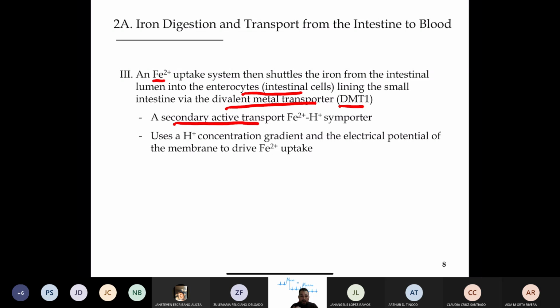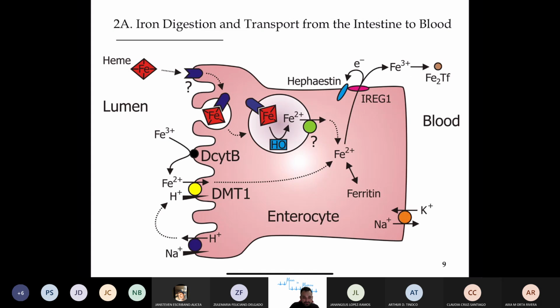And how it's facilitating this is through this symporter moving iron 2, but also facilitated by the movement of protons. All right, so we have protons that are just facilitating the iron being brought in. So you're using a proton concentration gradient and the electrical potential of the membrane to drive iron 2 uptake. Okay, so that's how it's being coupled.